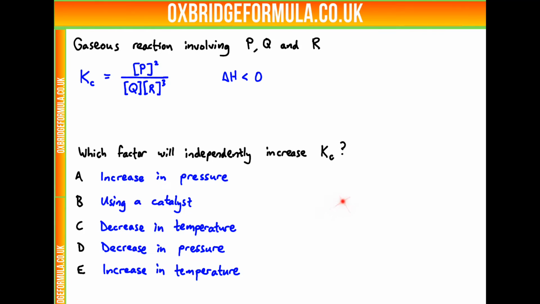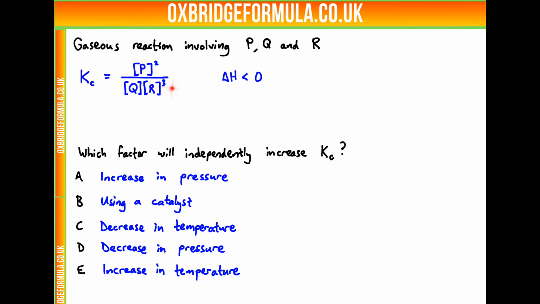So firstly, maybe it would be a good idea to think about what this equilibrium constant means and represents. So if this is a gaseous reaction involving P, Q and R, then could we write an equation for this reaction? So remember that for equilibrium constant expressions, the products go on the top, raised to their stoichiometric coefficients, and the reactants go on the bottom, again raised to their stoichiometric coefficients.